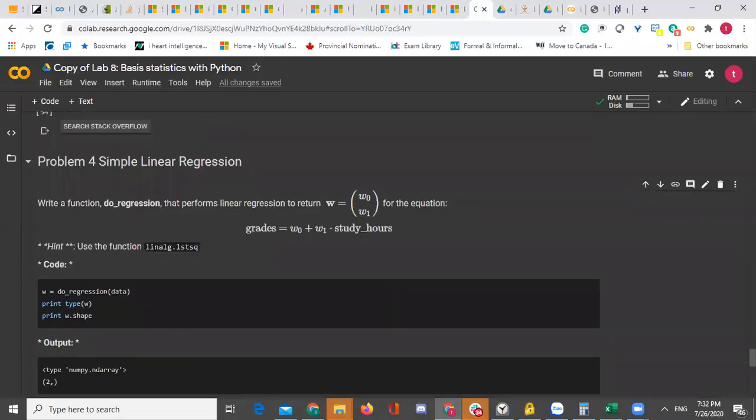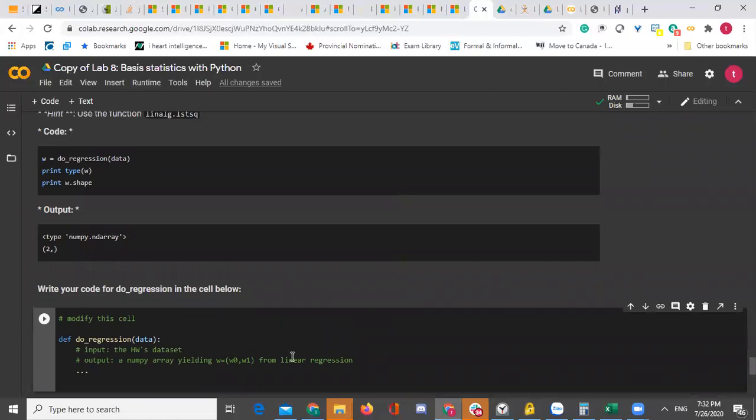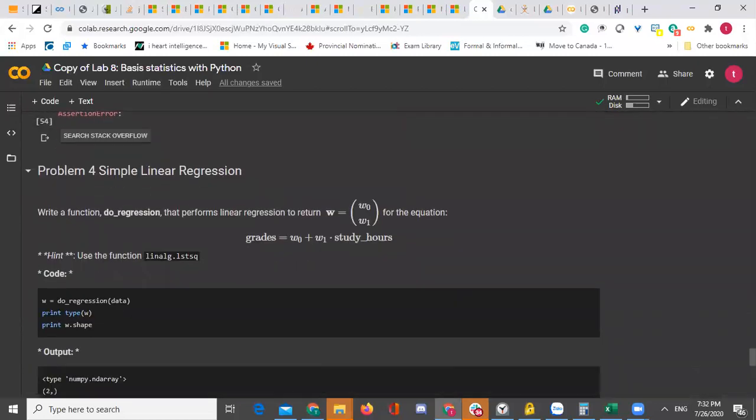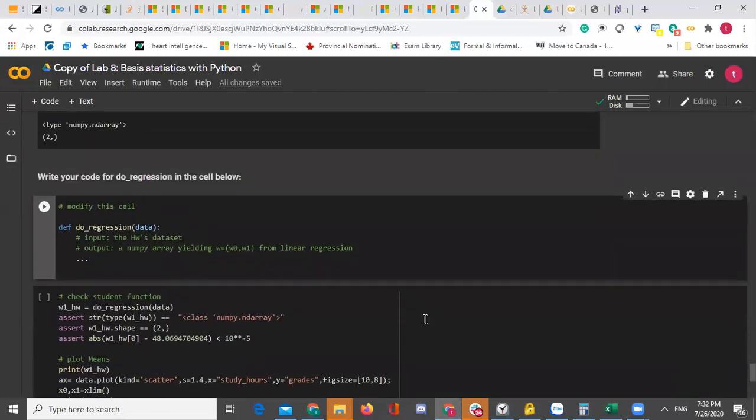Let's see. Do regression, data, okay. Write a code to do regression in the cell below.